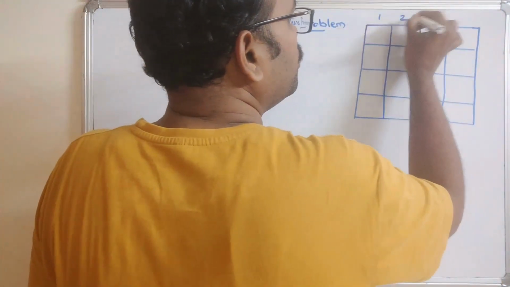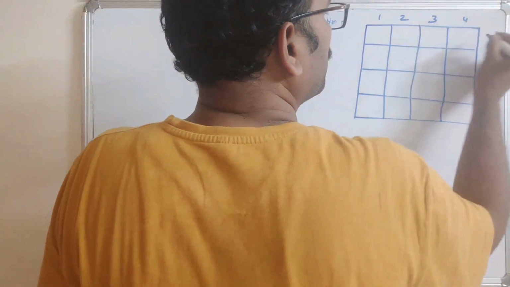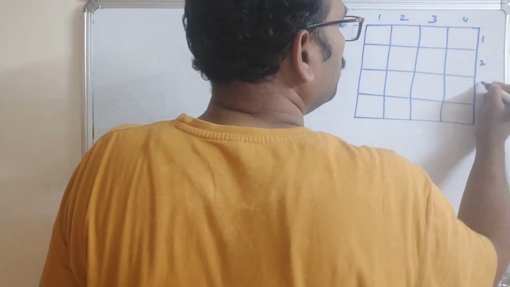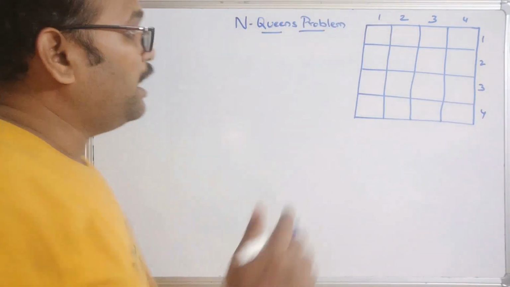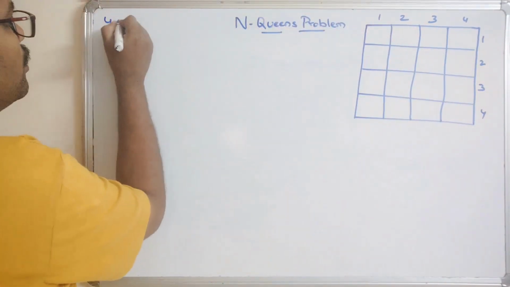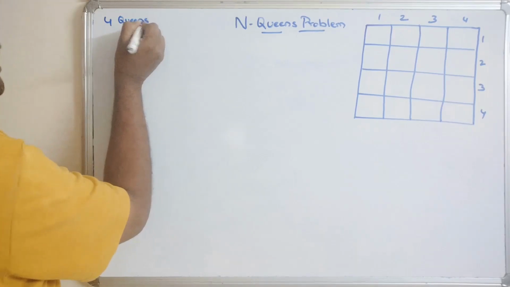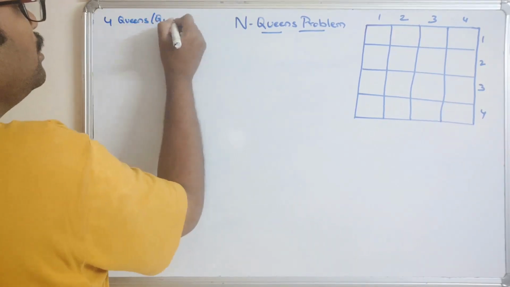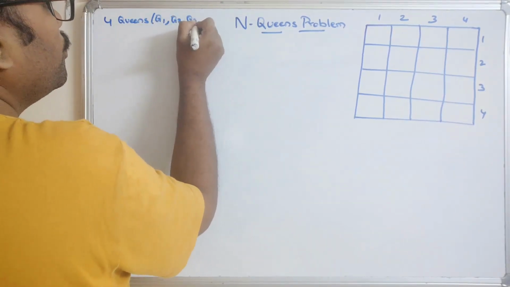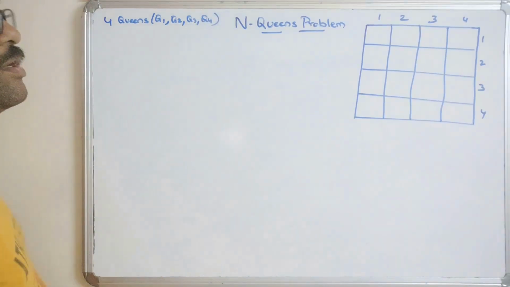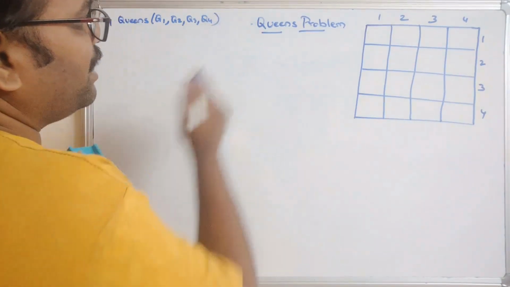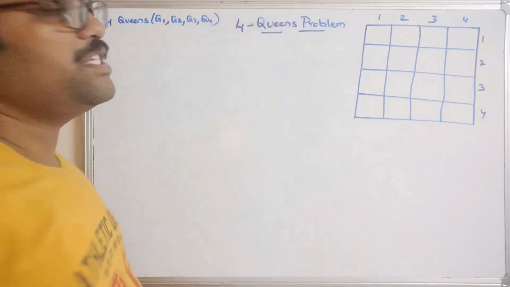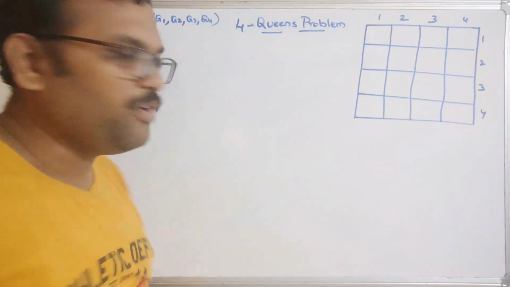So 1, 2, 3, 4, similarly 1, 2, 3 and 4. These are the rows and these are the columns. And 4 queens, Q1, Q2, Q3, Q4, right? And now the problem becomes not n queens, it is the 4 queens problem.